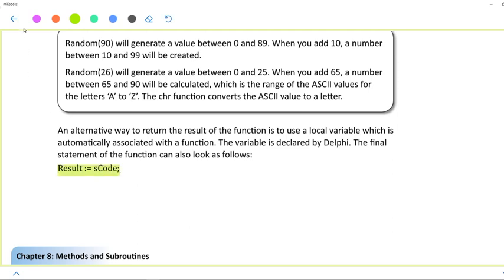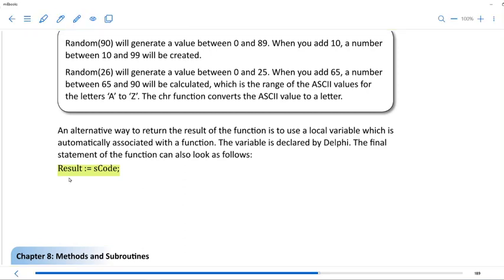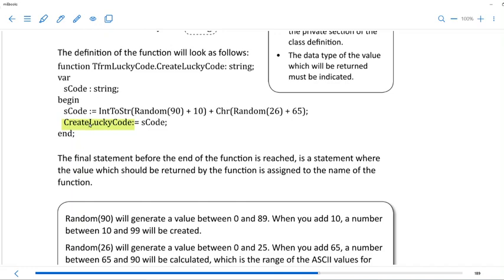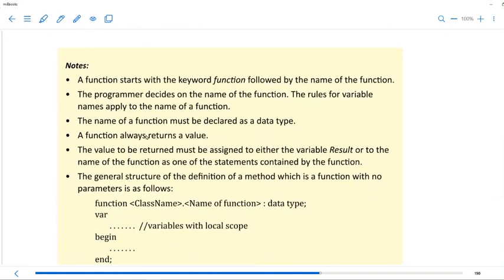So I highly recommend that you, from the start, use the keyword Result := sCode. So instead of CreateLuckyCode, you will write Result, because it makes very much logical sense to use Result with a function that we are writing.